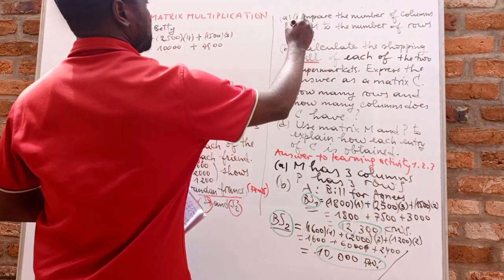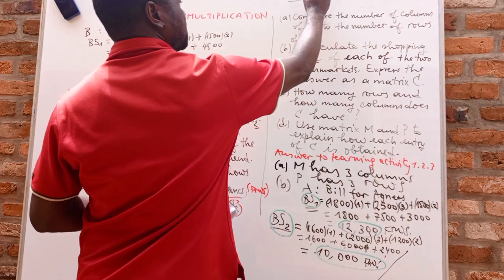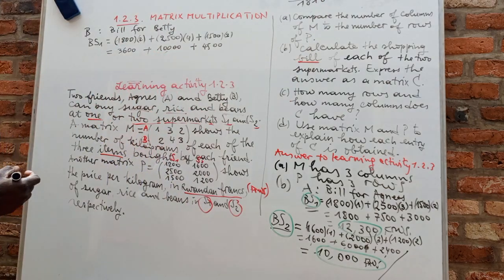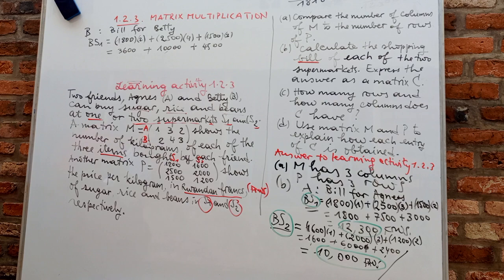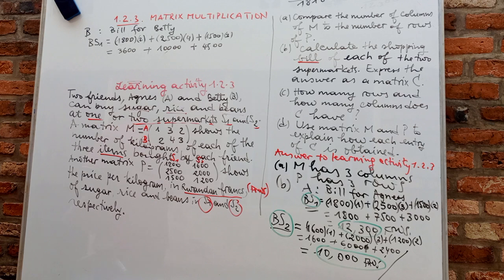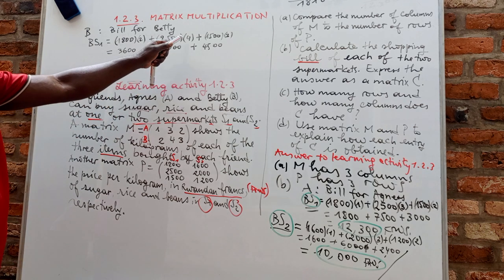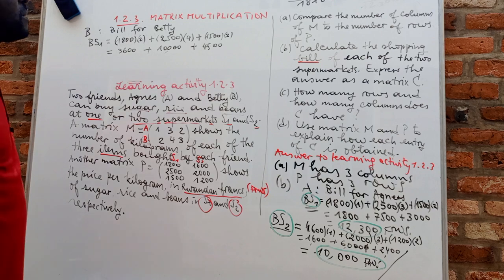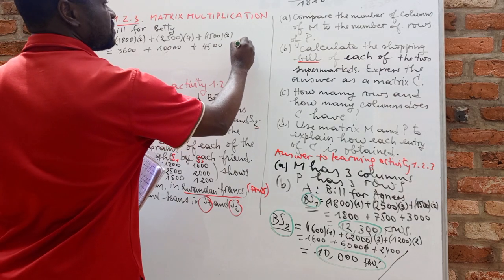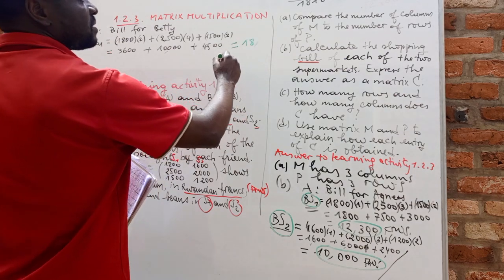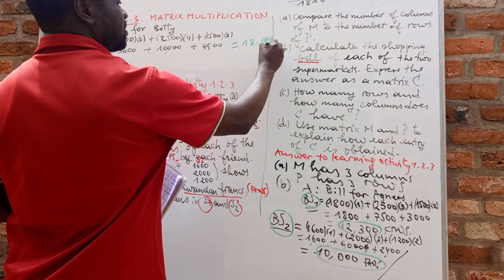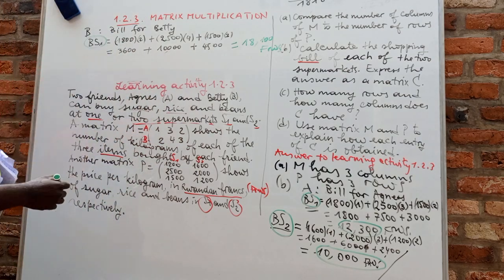Okay, so adding up, I carry 1 and I have 8, I have 1. It seems that this is what we have for Betty. This is the price of 18,100 francs for Betty in the first supermarket.